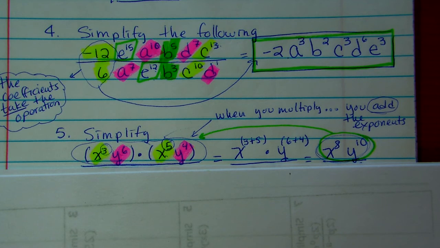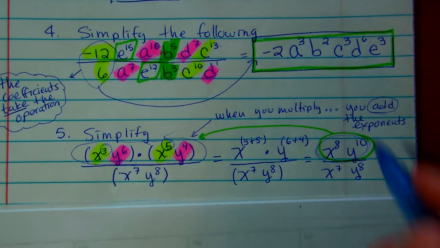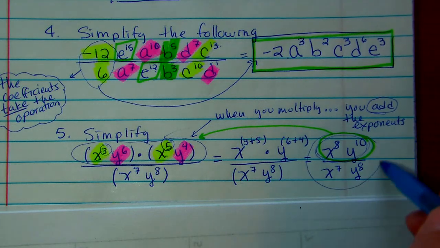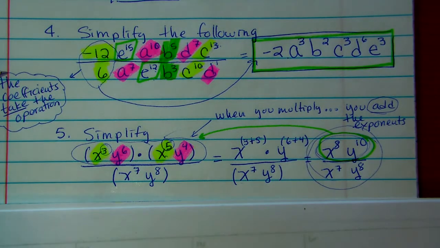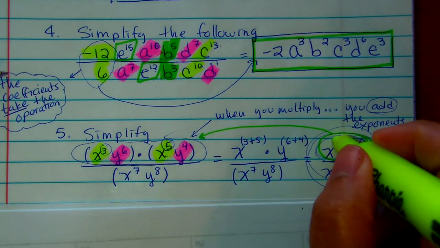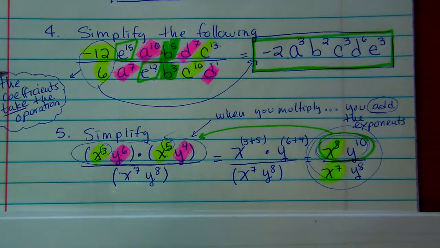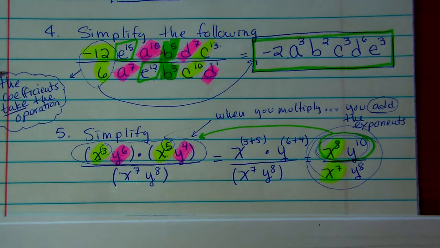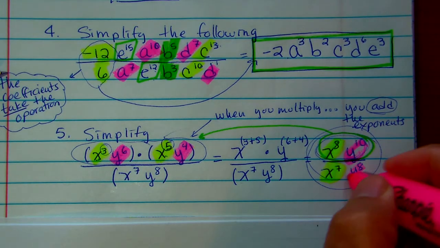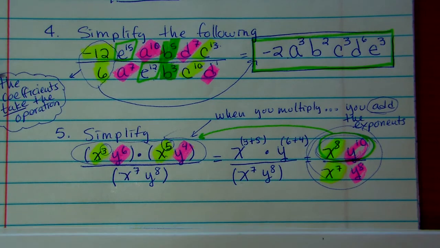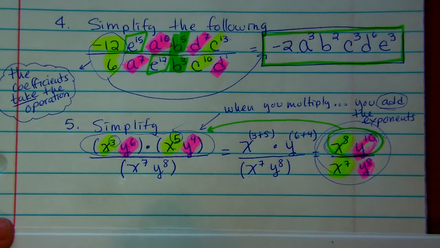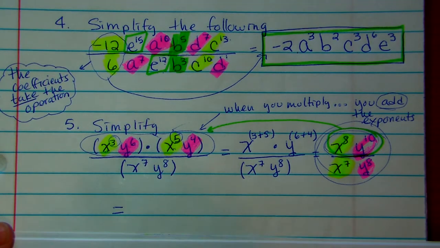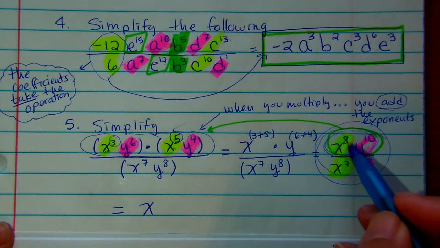All right. So now we're ready to start simplifying the whole division. We're going to do the same process. x's with the x's, y's with the y's. So now I'm going to continue over here. For the x, we're going to subtract.